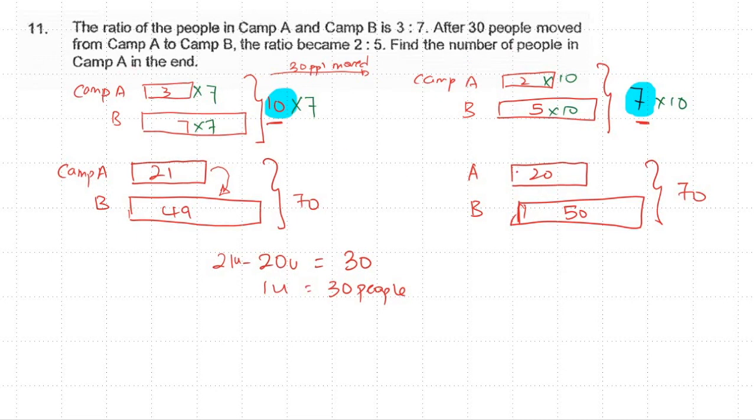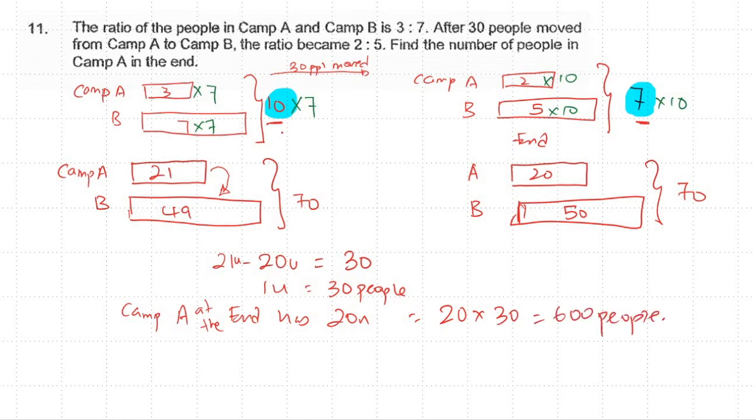Chem A in the end has how many units? Write neatly so people know what you're doing. At the end has 20 units. So equals to 20 times 30, which is 600 people.